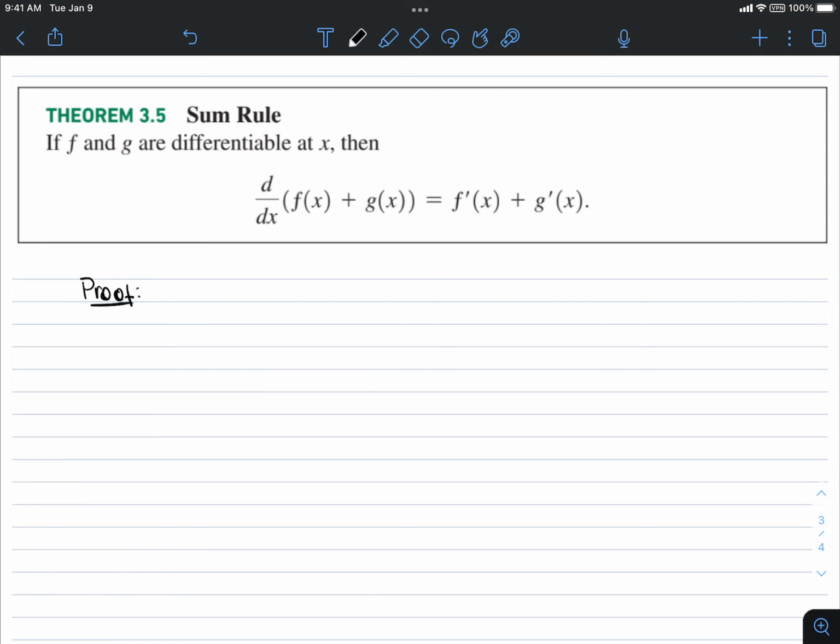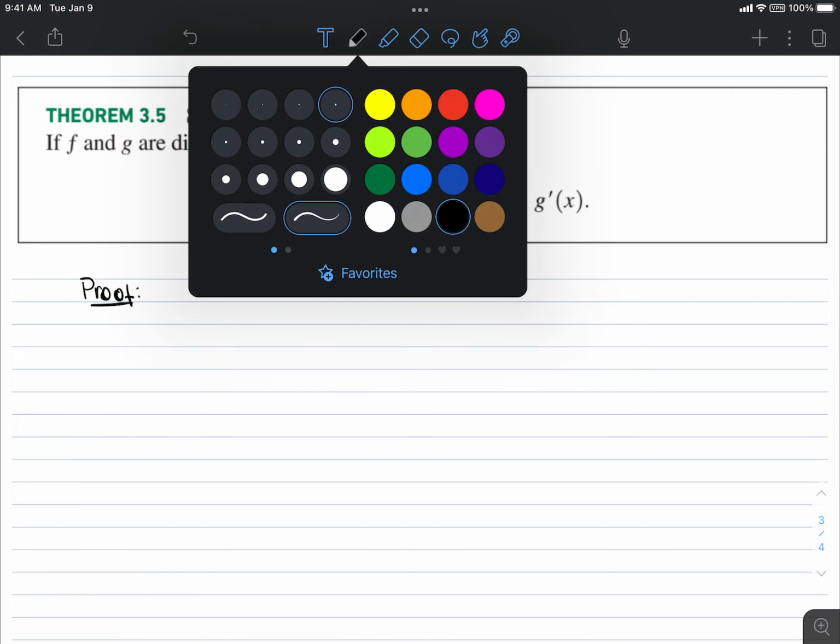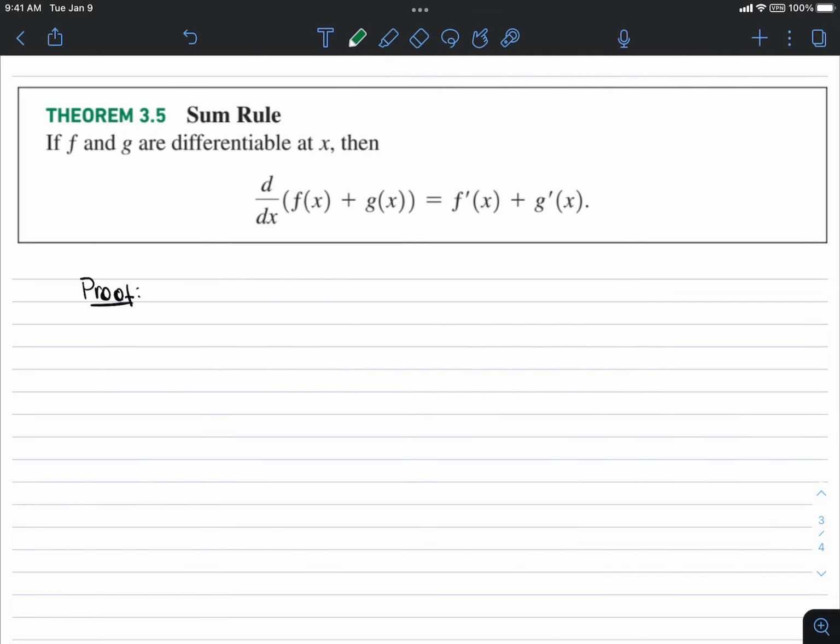So how do I find it? Now what I'm doing is I'm renaming, say, h of x as f of x plus g of x. So when I calculate h prime of x, I'm doing the limit when h goes to 0. Maybe I shouldn't do h, so maybe I should not name this h.